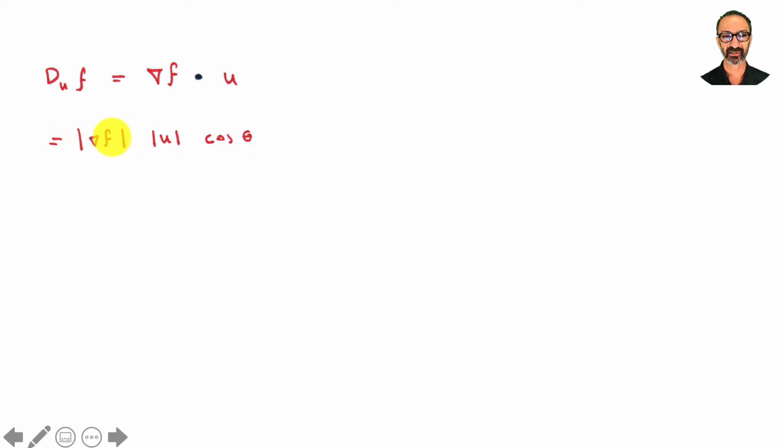Well, this is positive and this is non-negative, and cosine theta could be positive, could be negative. When theta equals 0, we get cosine 0 equals 1, which is the max.